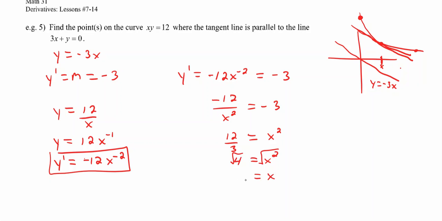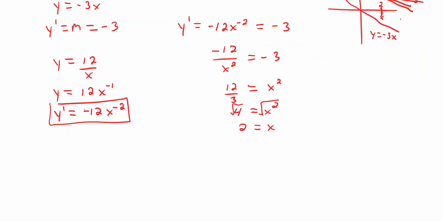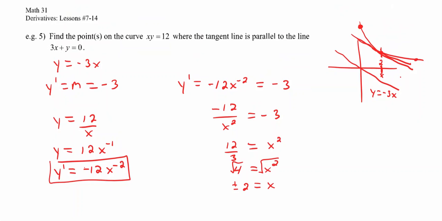So you might say this makes sense, this would be 2, so this would be the point 2 that this would happen right there. Now, the only problem is we just took the square root, and we know that when you take the square root, we have to account for the positive and the negative version. So this would be positive and negative 2. This does make sense as well, because the graph of y is equal to 12 over x is a rational function, so it would actually have two pieces to it.